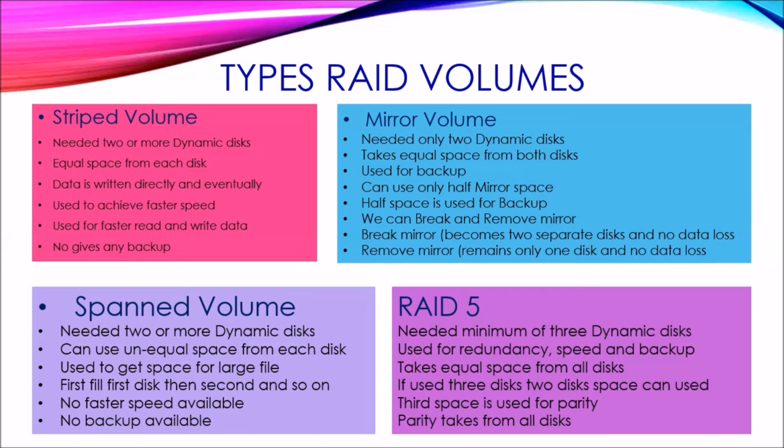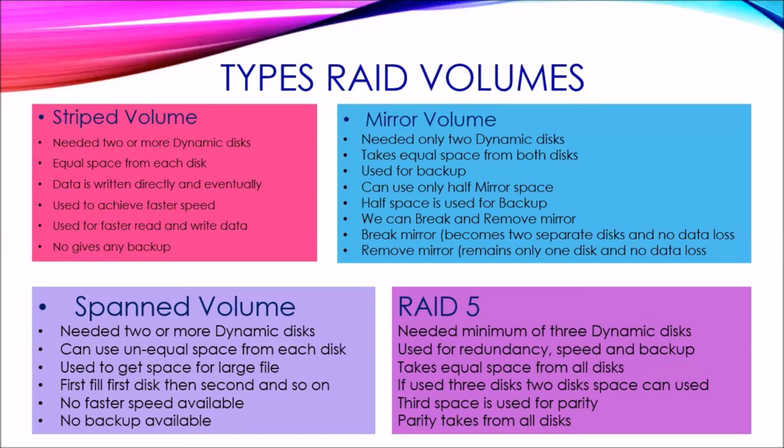RAID 5 is the most common type of RAID used in networks because it gives us speed and backup at the same time. It needs a minimum of 3 dynamic disks and is used for redundancy, speed, and backup. This volume takes equal space from all the disks. If we use 3 disks, the space of 2 disks can be used.